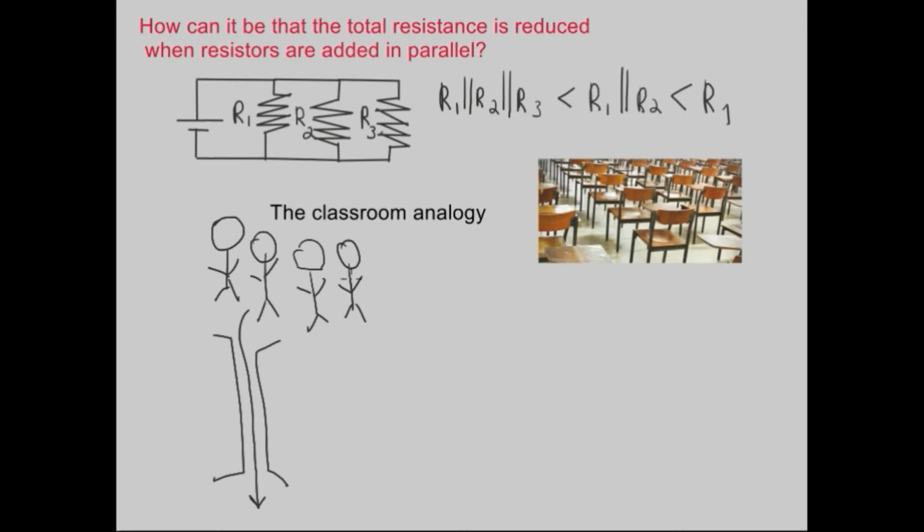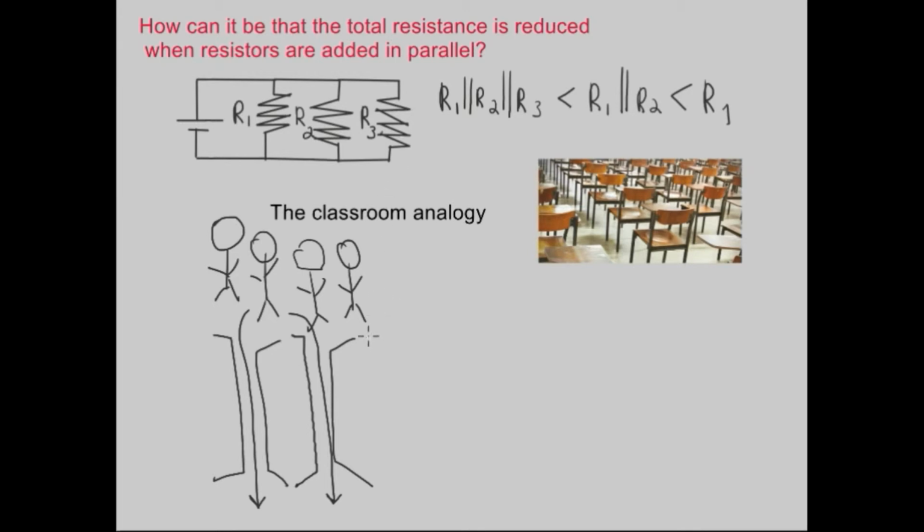Now assume I'll be adding another row of chairs and another corridor. So now they'll have to make it to the other side, and they have two corridors. Some would probably choose the new corridor in order to get to the other side, and overall there'll be less bumping into one another, and the way to the other side for this group of students would now be easier.